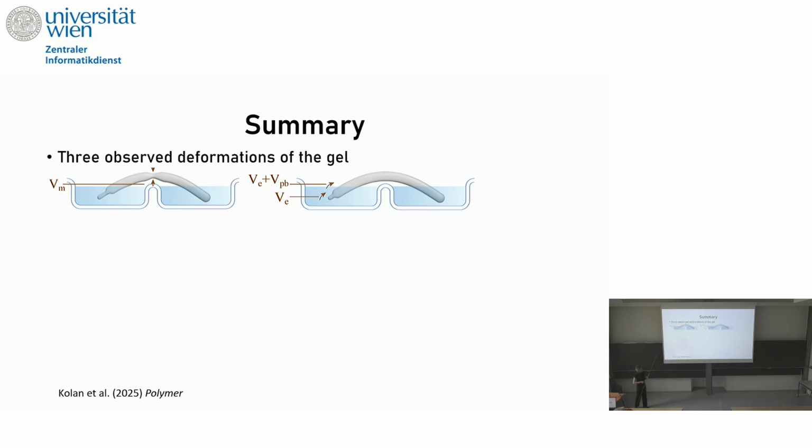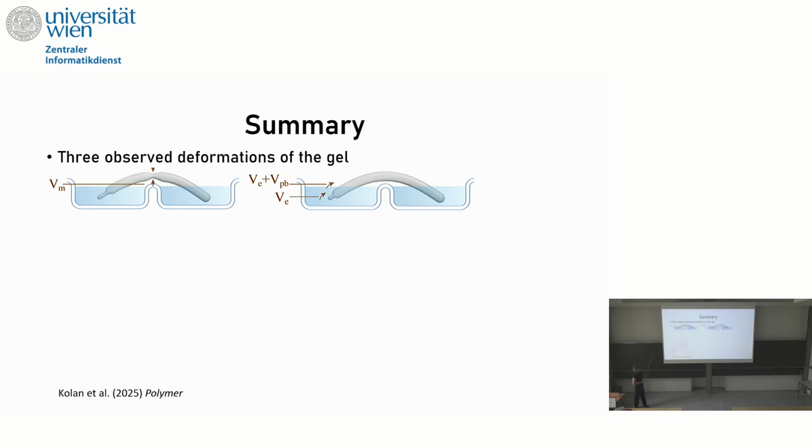The second control experiment is to see that the edge doesn't move faster because of this shrinkage. So we put 40 millimolar sodium chloride in the two wells, and we saw that both edges were not moving towards each other, although this area was shrinking.